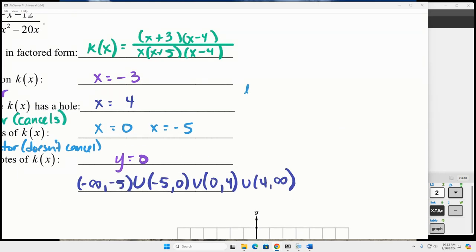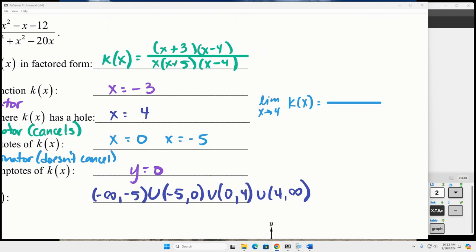And so what I like to do when I find the y value is actually find the limit. So where would I plug that 4 in? I would plug it in for x, but I need to make sure that I take away the term that has the 4 in it, because that would make you have 0 over 0.